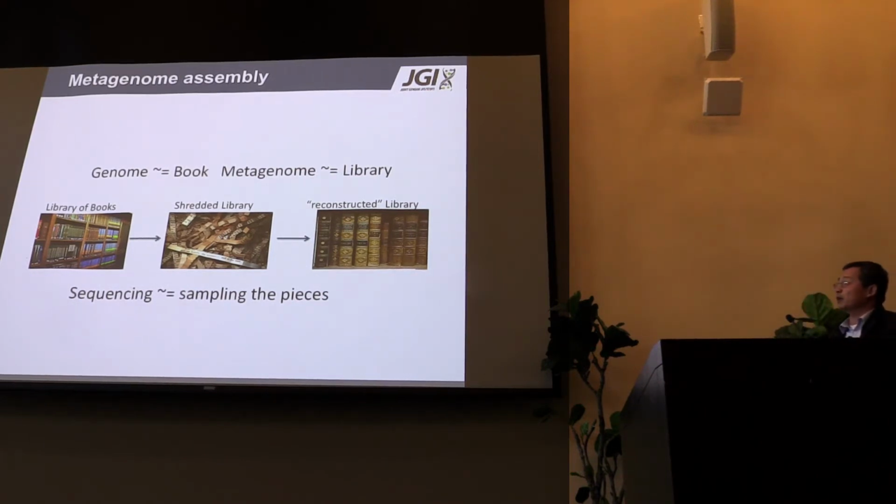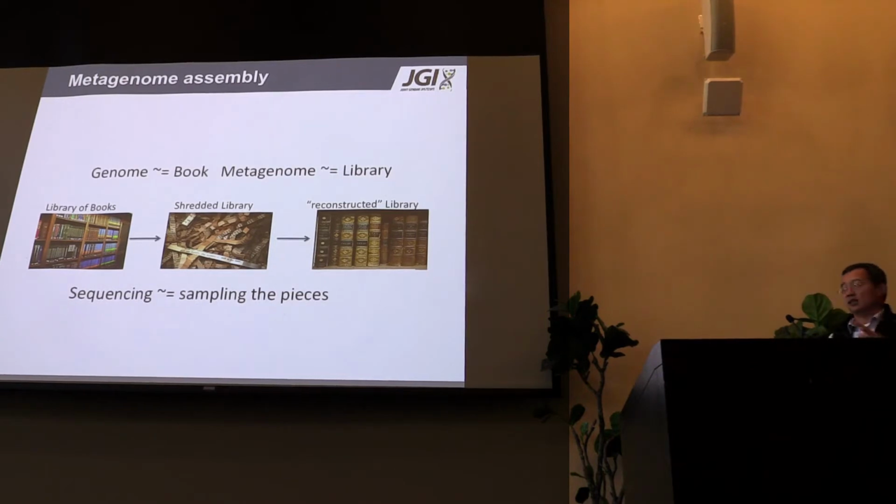And for metagenome assembly, the entire library of books is shredded into small pieces. Our job is to reconstruct every book, because each book has many copies and the shredding process is random, so we can use the overlap between those strips to stitch them back together.